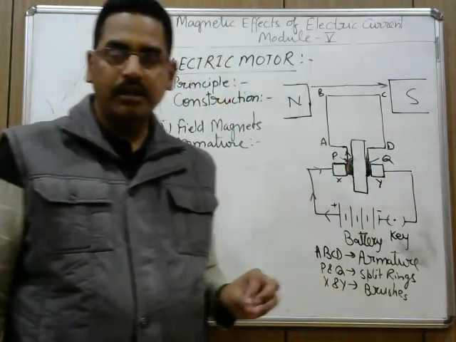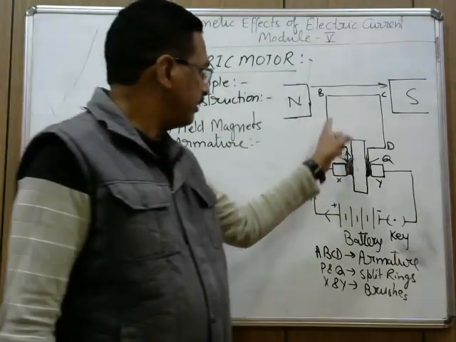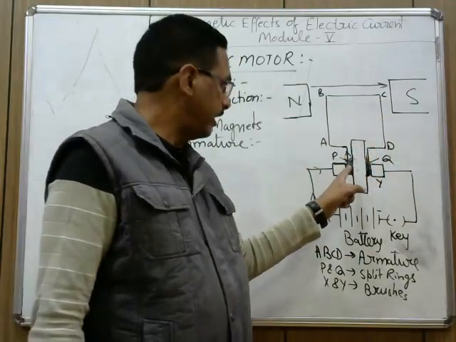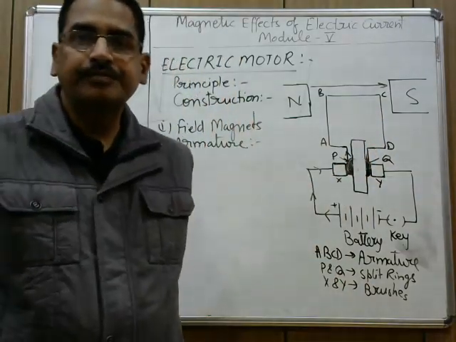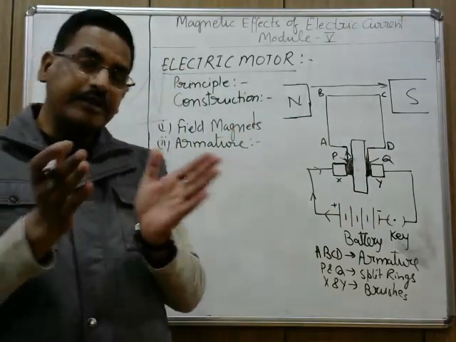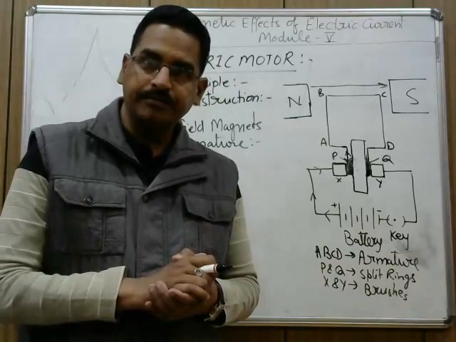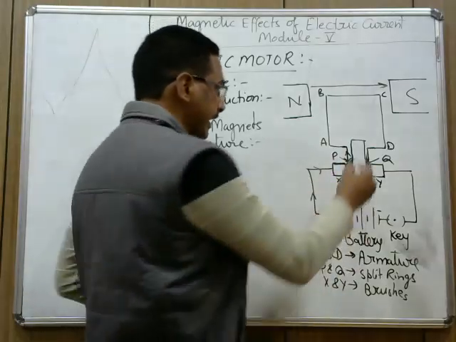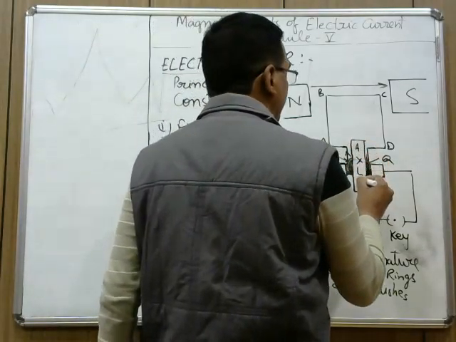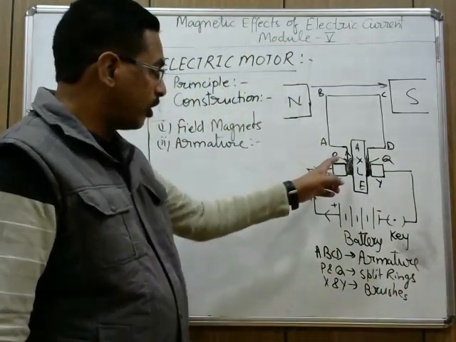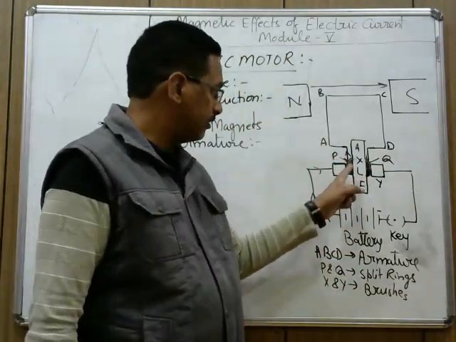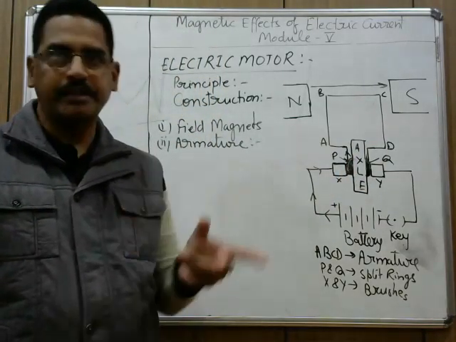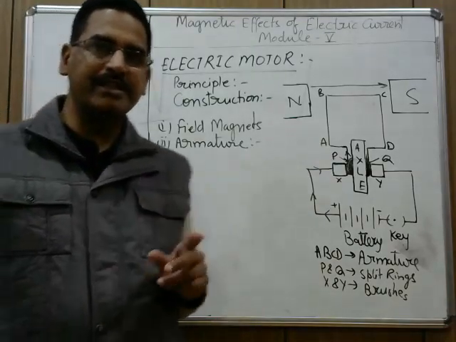So P and Q are the two halves of split rings, and you can see the ends of this coil ABCD are connected to the inner surface of the split rings, and the inner surface of the split ring is insulated, and it is fixed on this axle. This is axle. Now the combination of the three, axle, split ring and the coil, rotates all together in the same direction.